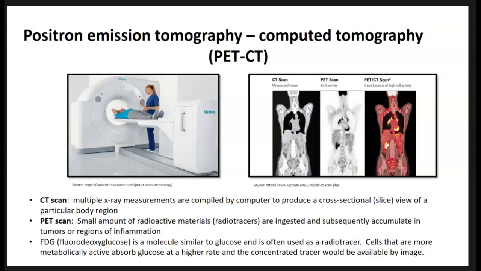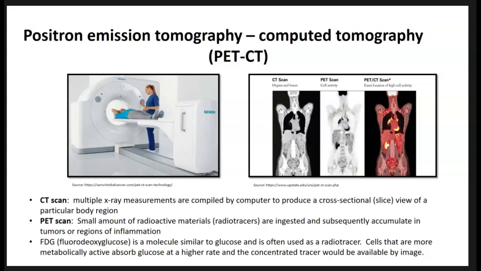A PET scan is a modification of the CT scan, where a small amount of radioactive material is put inside of the patient, and that radioactive material is designed to be taken up by certain physiological structures in the body.